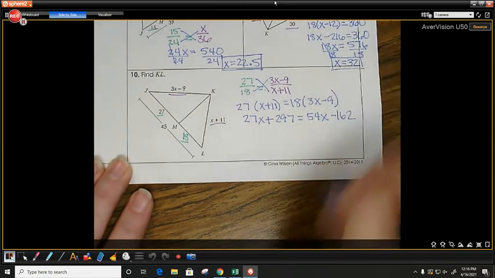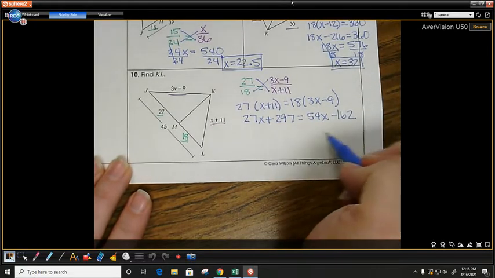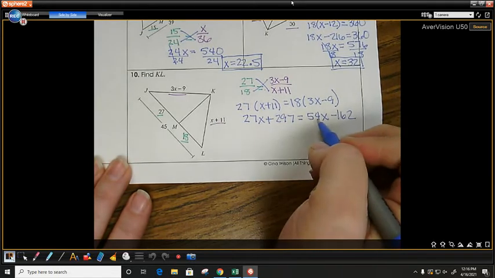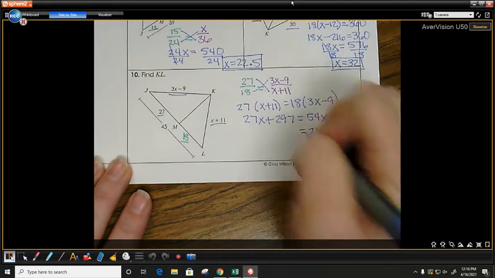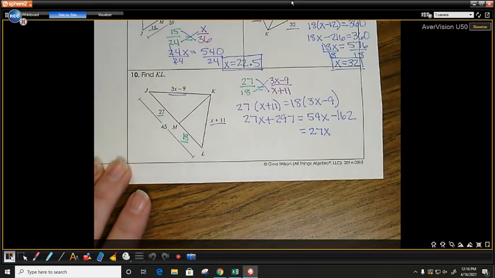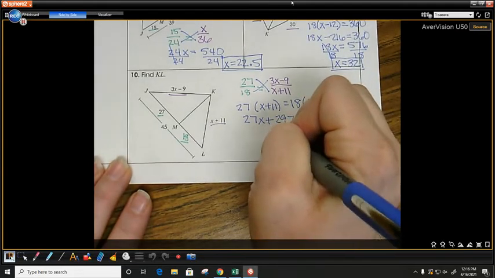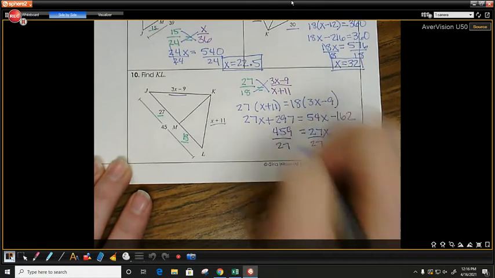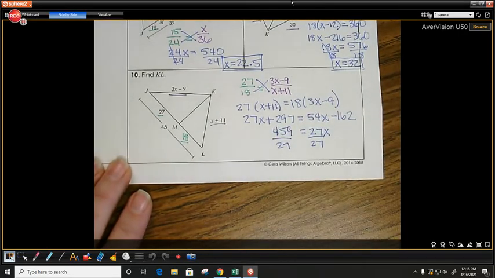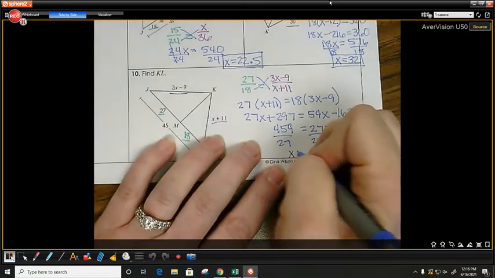So I'm going to move my 162 over here. I'm going to move my 27x over here. So 54x minus the 27x is going to give me 27x. The 297 plus the 162 is going to give me 459. And then divide both sides by 27. And we get x equals 17.